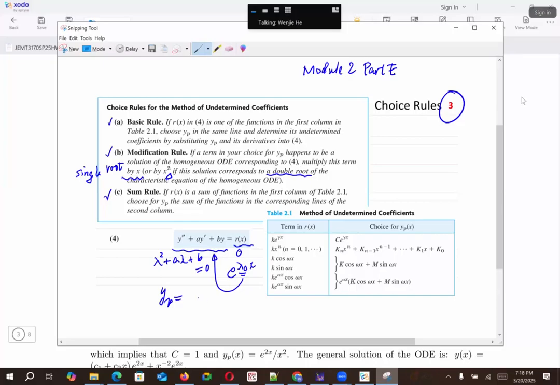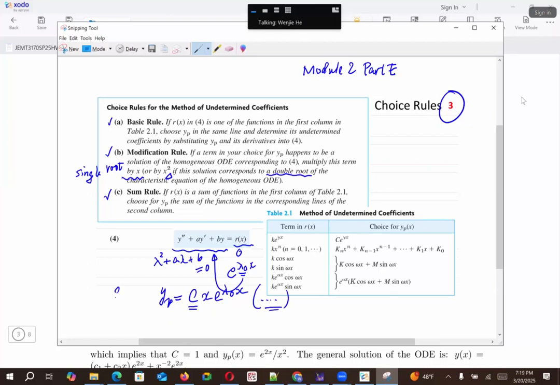That depends on single root or double root. For a single root, for example, it should be c, some undetermined constant c, times x times e to the lambda 0 x. Later you may add some other things, but this part is like that.